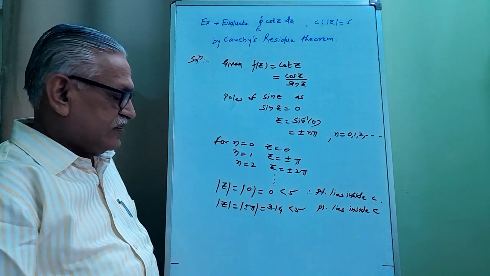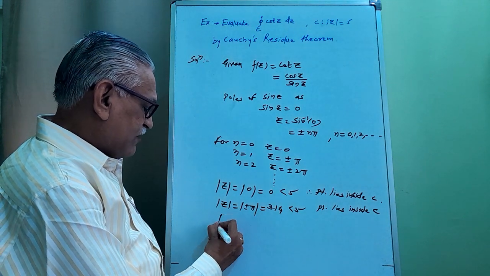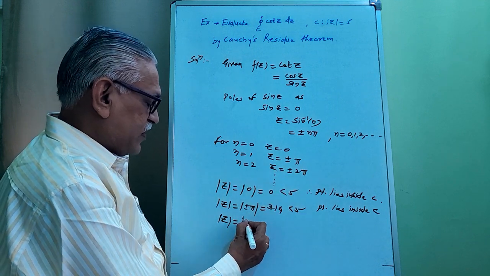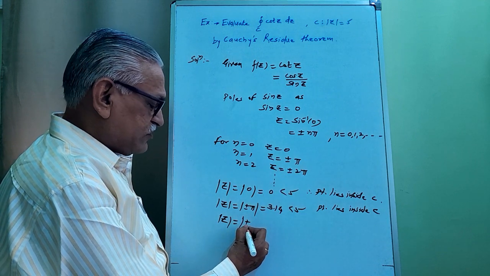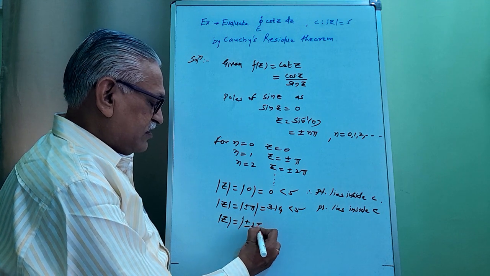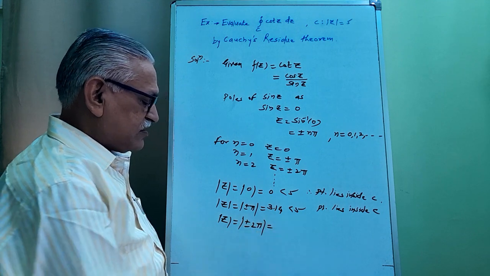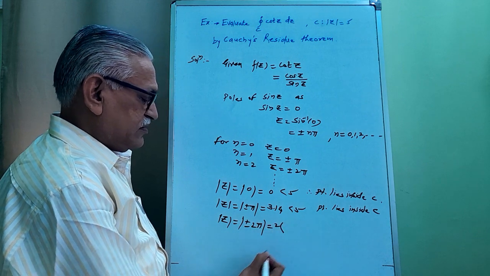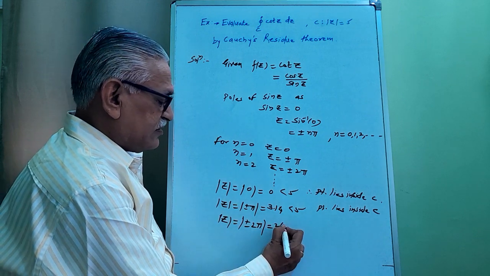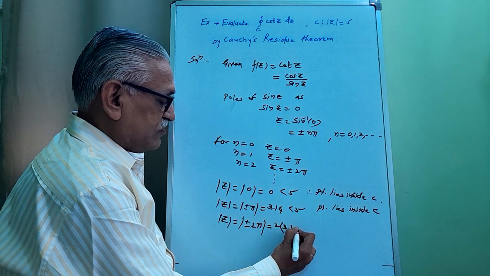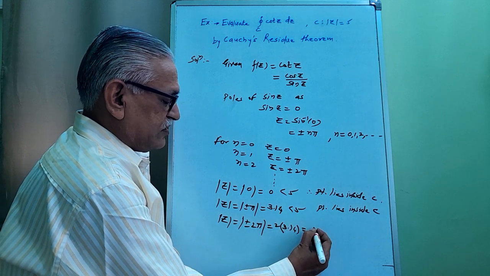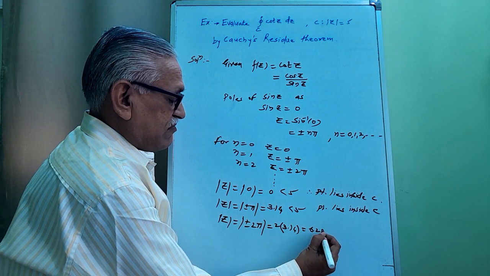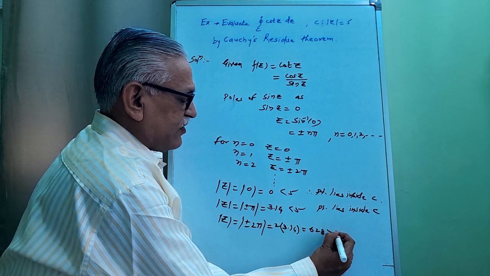Next, we check the absolute value of z at z is equal to plus 2 pi and minus 2 pi. The absolute value of that is 2 multiplied by 3.14, which is 6.28, definitely greater than 5.